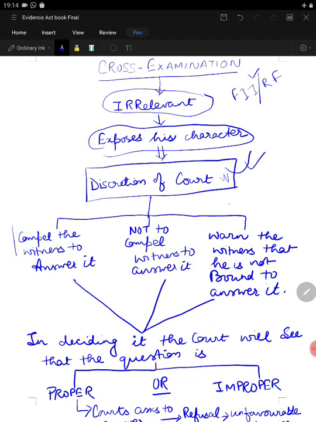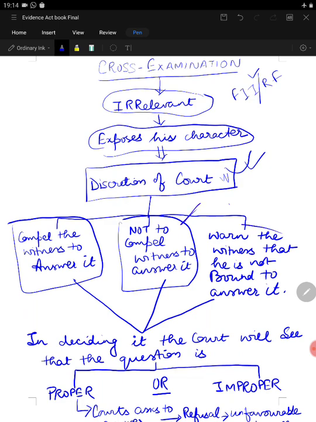One is that the court can compel the witness to answer it. Second is that the court may say that the witness cannot be compelled or will not be compelled to answer it. And third option is that the court can warn the witness that he is not bound to answer it.